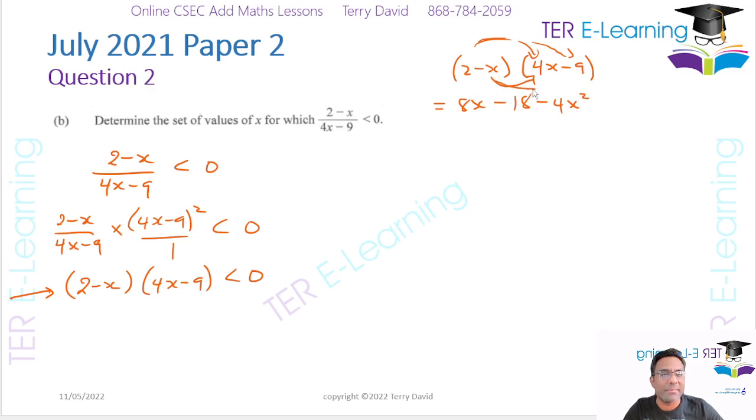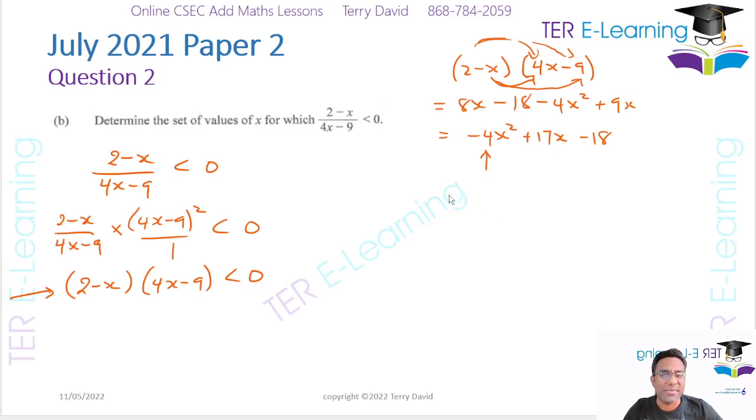And then we have to take minus x by minus 9, and you're going to get plus 9x. So I'm going to get minus 4x squared, 9 and 8 is 17x, minus 18. So this here is my quadratic, and the fact that the coefficient of x squared is negative, it's going to have a maximum value.